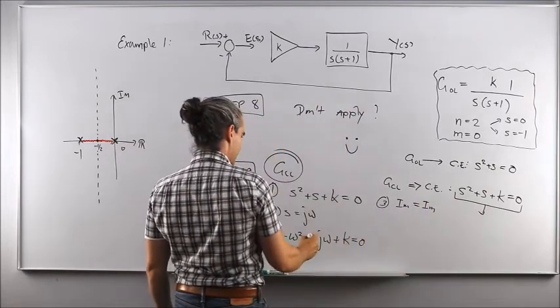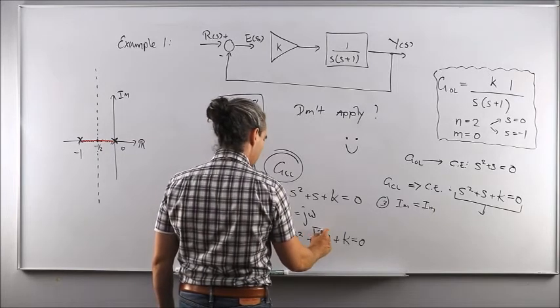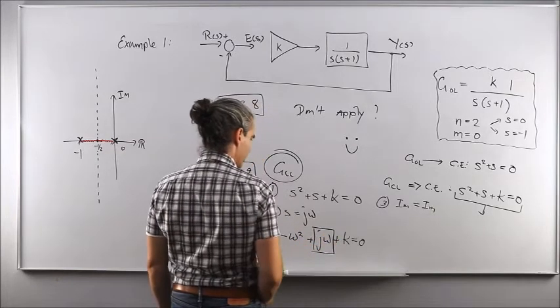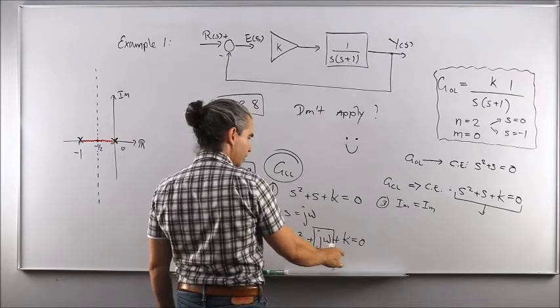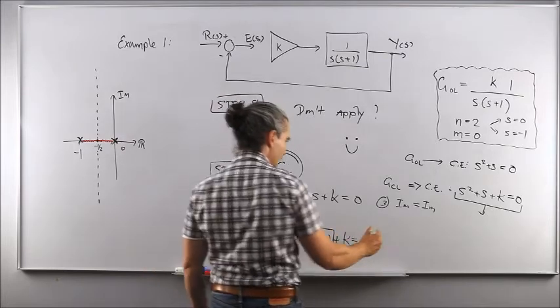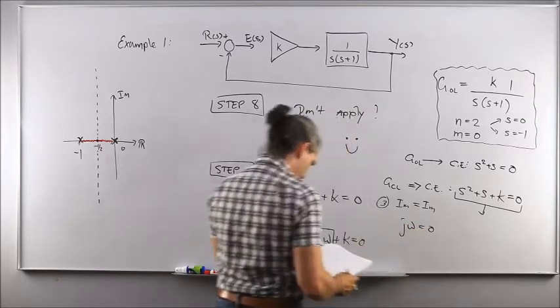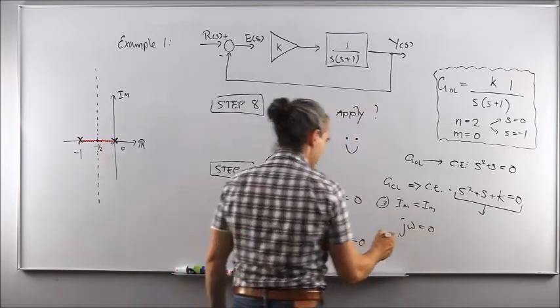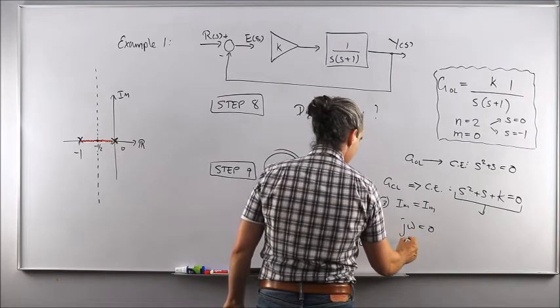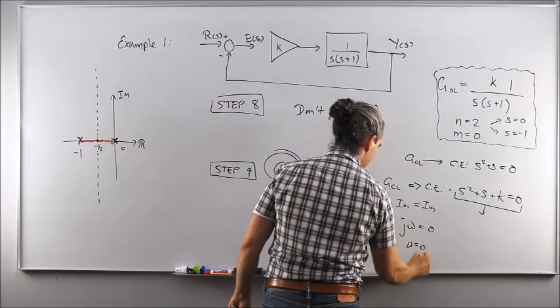But turns out that there is only one imaginary term in that equation. So imaginary on the left equal to no imaginary on the right. Or in other words, j omega equal to 0. And that tells you that omega is equal to 0.